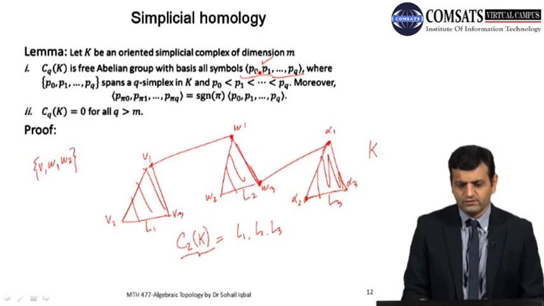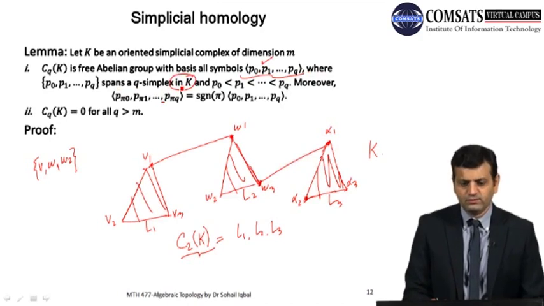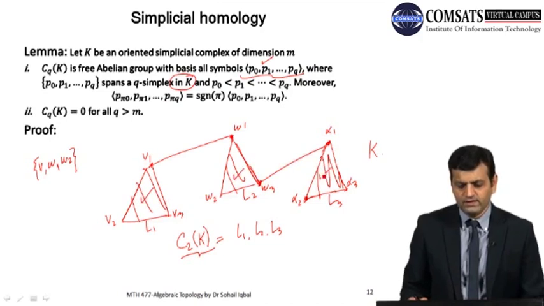Consider this Q simplex, where this spans a Q simplex in K. If it is not in K, then we will not consider it. So it must be a Q simplex inside K. In this particular example, we have 2 simplices inside this K, L1, L2, L3. So C2 of K is a free abelian group with bases all symbols of this form.